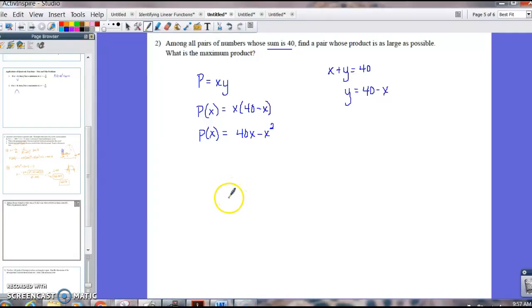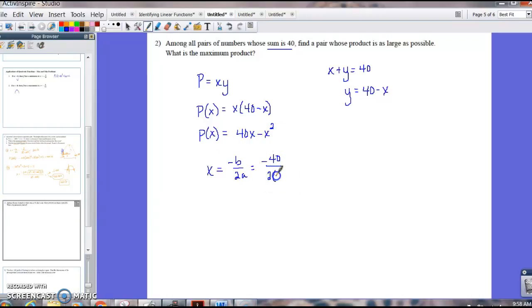From there, that's going to allow me to do x equals negative b over 2a to figure out the pair of numbers that gets me the largest possible product. So I have negative b, so that would be negative 40. You have to be careful because these are in reverse order.